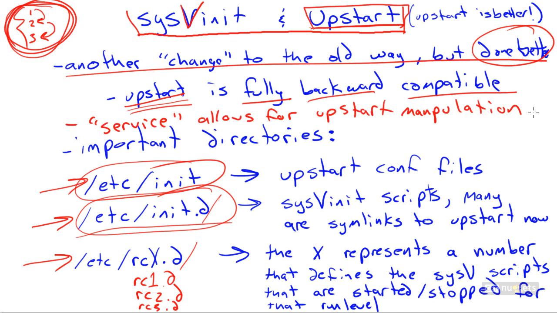Service allows for Upstart manipulation. So if you want to restart Apache, for example, you can type service apache2 restart, and it'll use that Upstart configuration file to restart the service properly. Okay, so we'll just briefly look at that because there's not a lot you have to learn. I just wanted you to know how Upstart and System 5 are kind of merged together in Ubuntu.